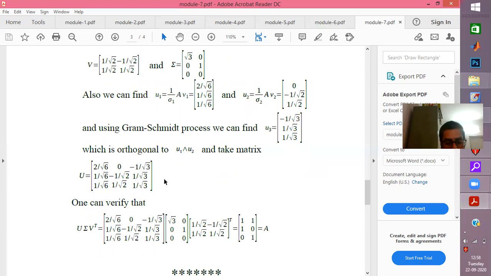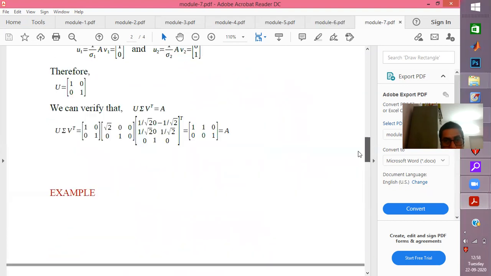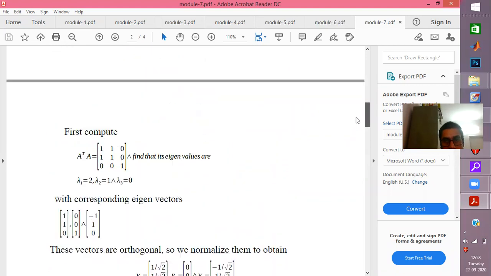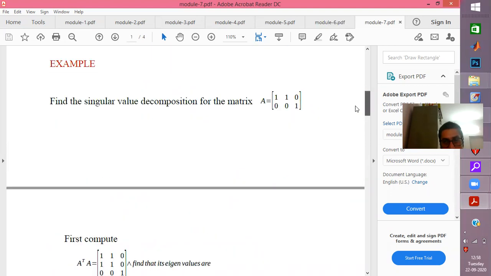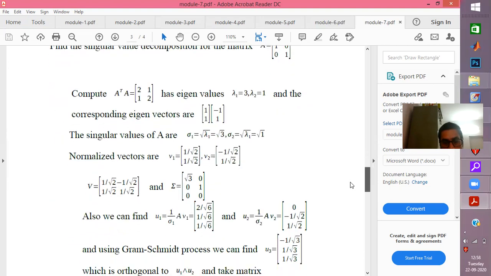Otherwise, if you want to build U, you find A into A transpose, get its eigenvalues and eigenvectors, and store them in the columns of U. Then you write the SVD and verify. These two examples will help you understand how to work on rectangular matrices and their SVD. One is a rectangular matrix of 2 by 3 order, and the second is a 3 by 2 matrix.